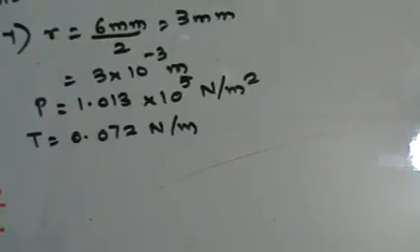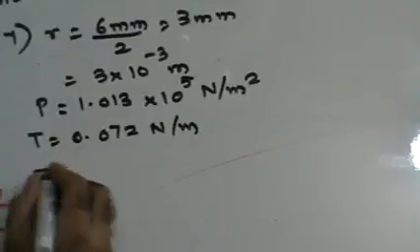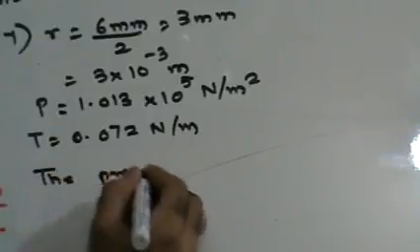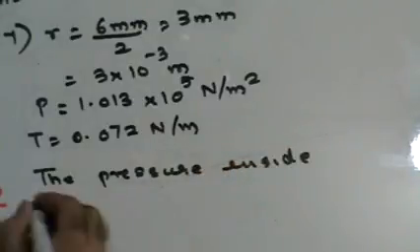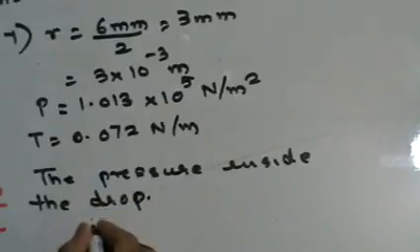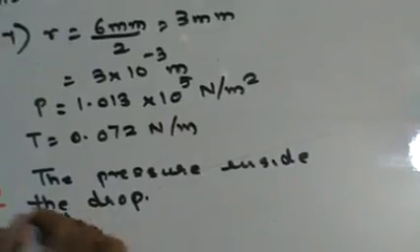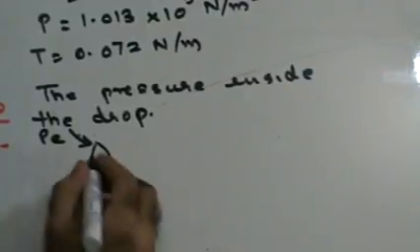Now, we know the atmospheric pressure, we also know the radius of the drop. Hence, I can say that the pressure inside the drop, if this is my drop of water, is going to be my external pressure, that is the atmospheric pressure, plus the pressure due to the liquid that is there inside.